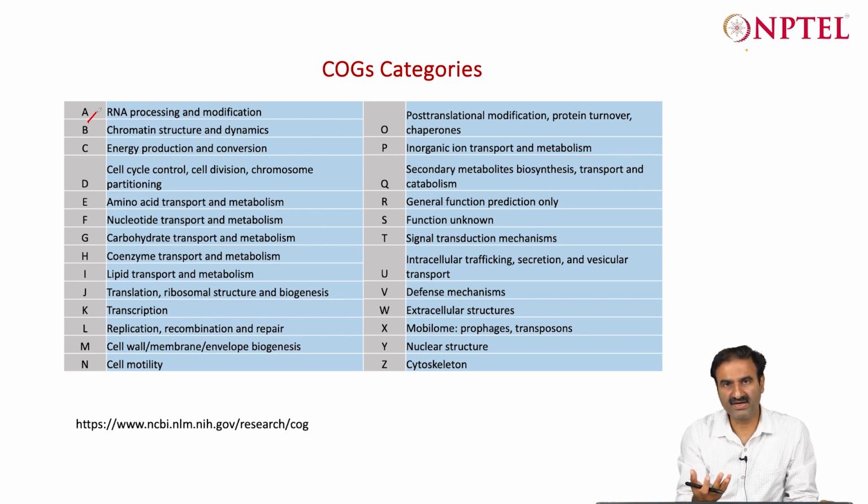That is the information class, which includes translation, transcription, replication, or basically one of these A to Z categories, and each category has a single letter code and an expanded definition of that function. Your proteins will be assigned in this, and then you can do the functional pie chart or bar chart analysis, showing how much is what.